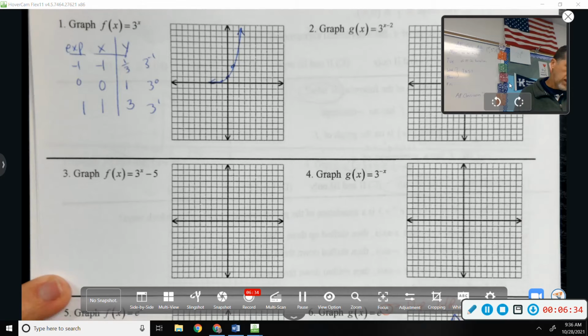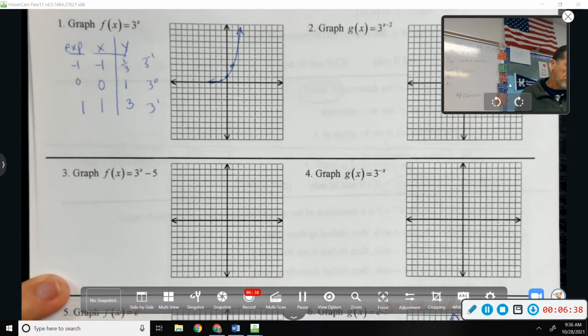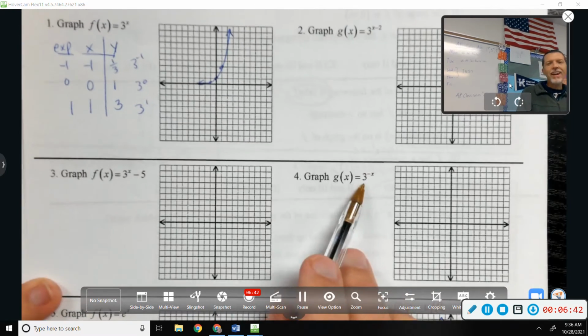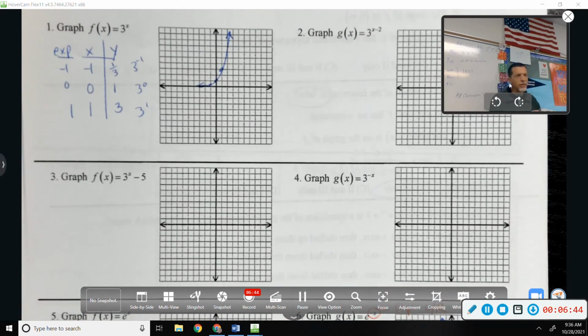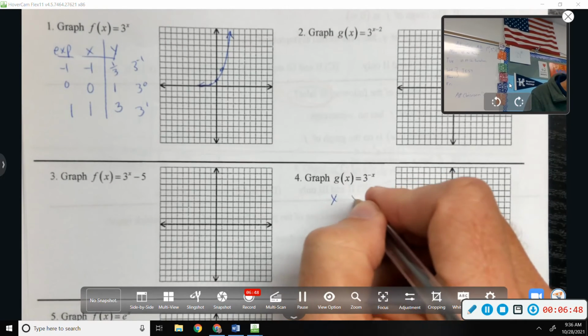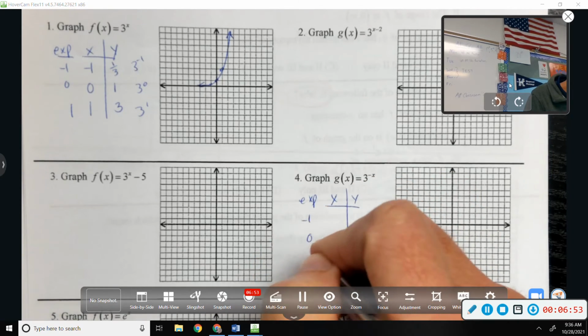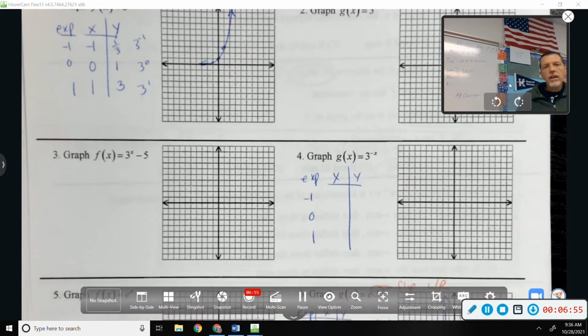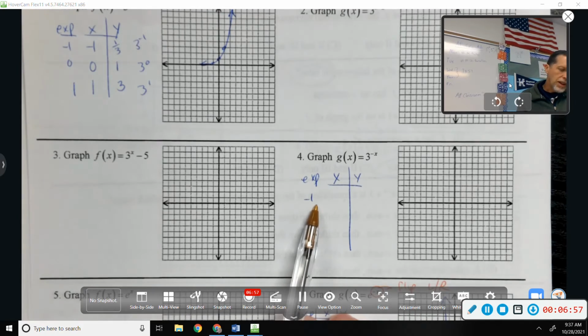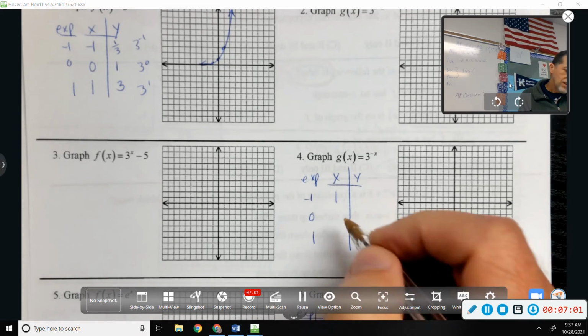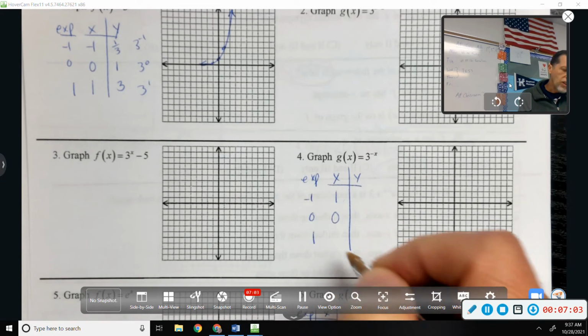Let's do number 4, because that has an x in the other spot compared to the 2 we just did. For x and y, I want my exponent to be -1, 0, and 1. So if I want my exponent to be -1, then x needs to be +1. 0 wouldn't change anything.